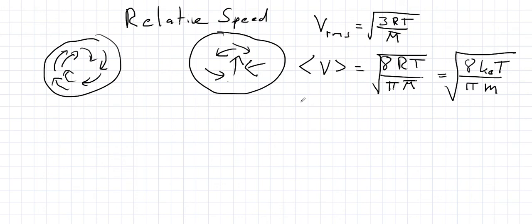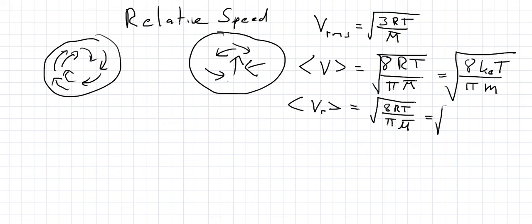But what about the relative speed? Well, the relative speed is very similar to the average speed, except instead of using the mass, we use the reduced mass.